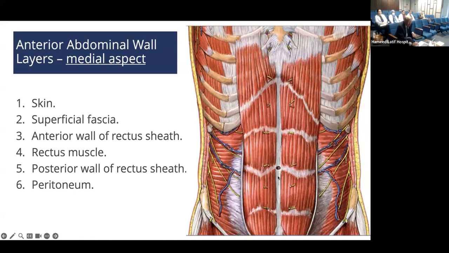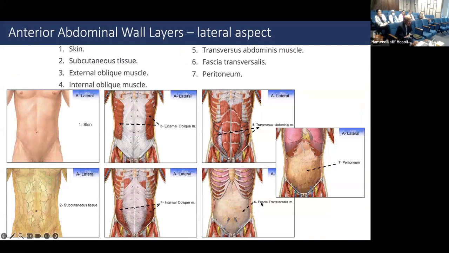But below the umbilicus, the posterior sheath is present only for about 1.5 inches, and then there is no posterior sheath, as all the components of the three muscles, that is external and internal obliques and transversalis, merge together and form only the anterior sheath. So this is the medial aspect of the anterior abdominal wall. Now, if we look at the lateral aspect, there is skin.